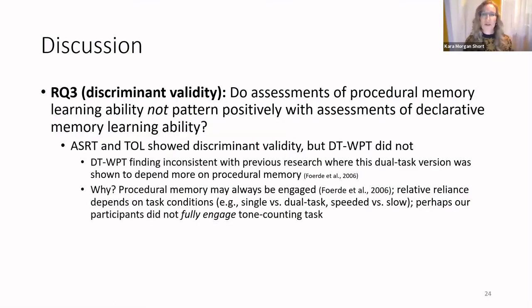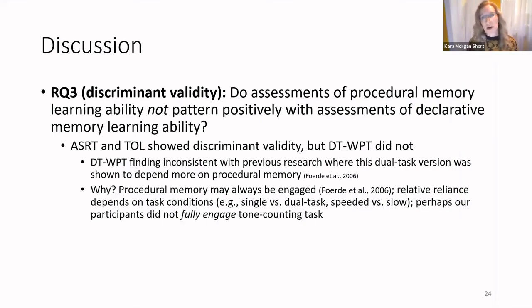Okay, in regard to discriminant validity, the alternating serial reaction time task and the Tower of London showed discriminant validity with our task of procedural memory learning ability, but the dual task weather prediction did not. And this is inconsistent with previous research. Why may that be?